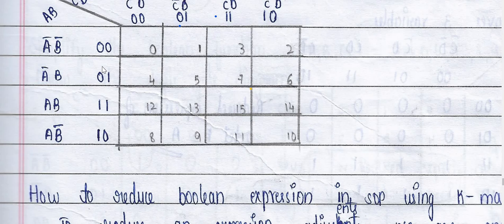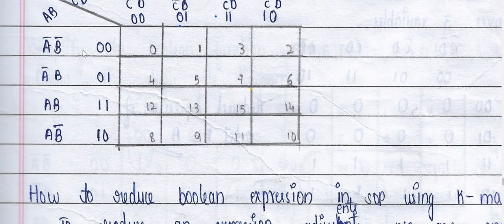Then we need to write the corresponding min terms. 0 0 corresponds to the variables AB. Min term means product, and 0 is represented with a bar.